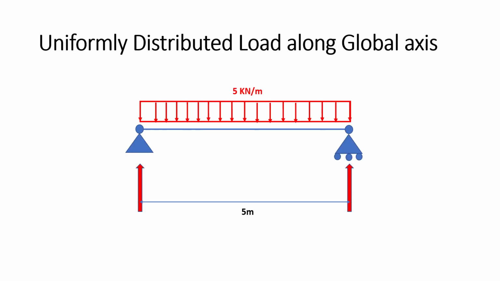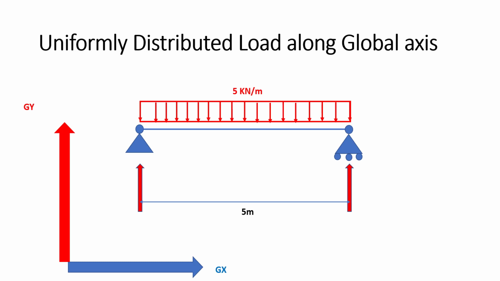Now, we will consider this case, which we will model in STAAD.Pro. This is the model of a simply supported beam pinned at one end and having a roller support on the other and having a 5-meter span and is subjected to a uniformly distributed load of 5 kilonewtons per meter. Now, another input that is necessary for defining this load will be the direction of that load.